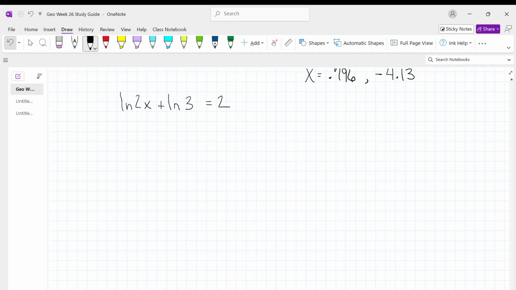Addition corresponds to multiplication, so we get the natural log of 2x times 3 is 6x, and that's equal to 2. We delete the symbol and add the e to the right side, so we get 6x equals e squared.